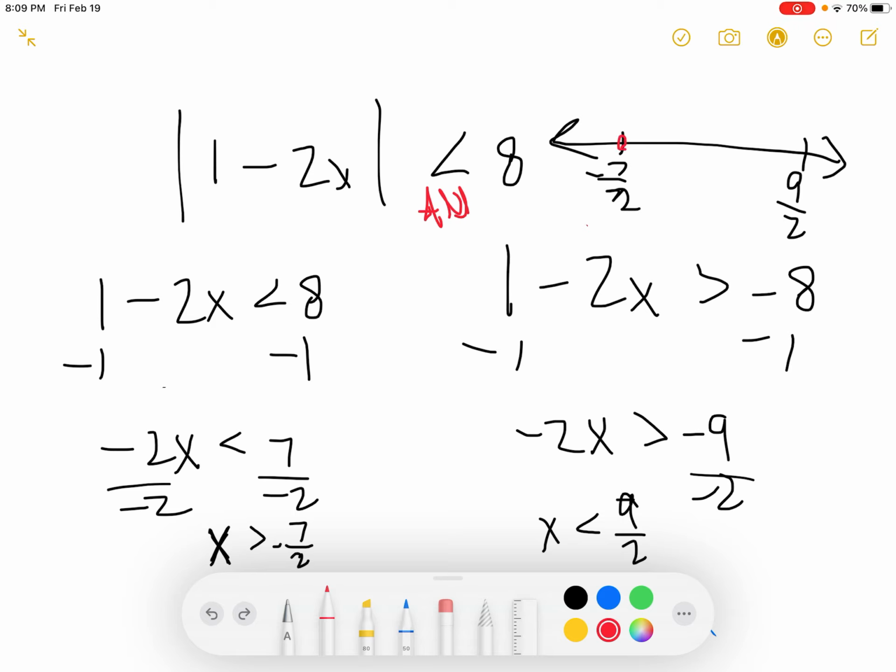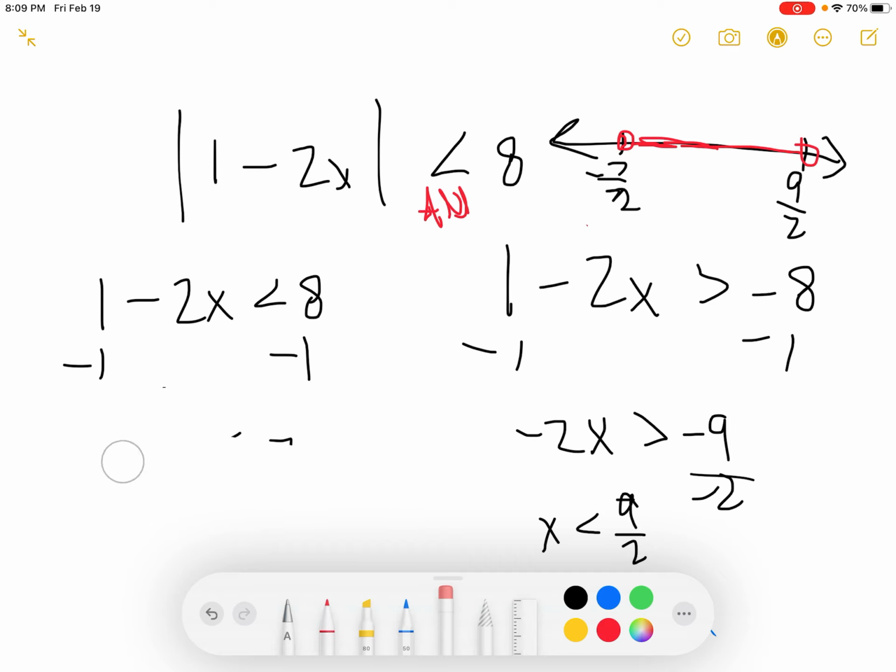We have a point here. They're both open dots because there's no line under the inequality symbols, and x is greater than negative 7 over 2, so it's shading this way, but it is less than 9 over 2. So that's what it would look like on the number line.